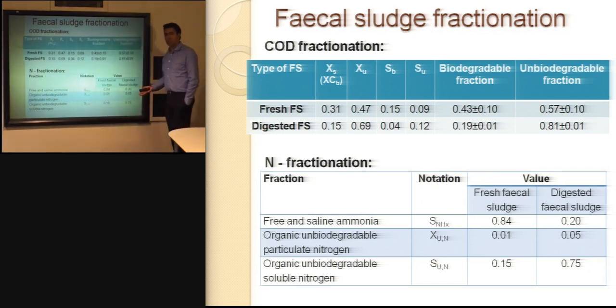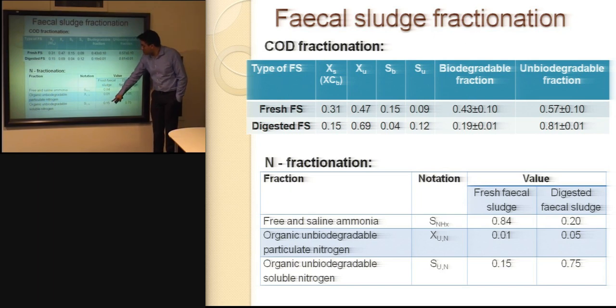How are these fractions in fecal sludge? Well, basically, we can see that in fresh fecal sludge, most of the nitrogen is free and saline ammonia, about 84%. That means that this fraction in fresh fecal sludge will be able to be oxidized or used by the microorganisms, so we can remove this fraction.